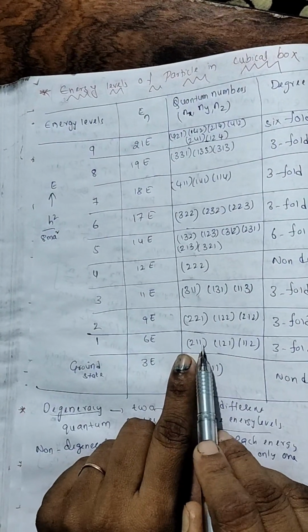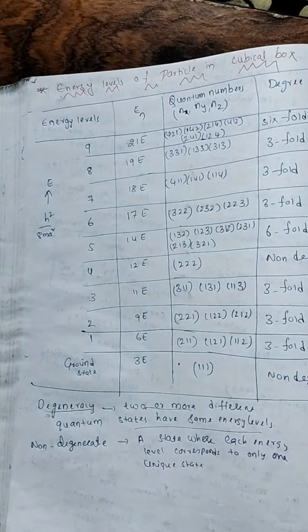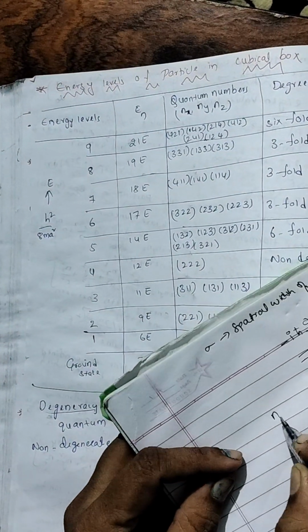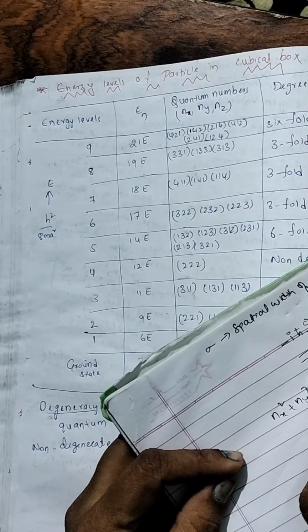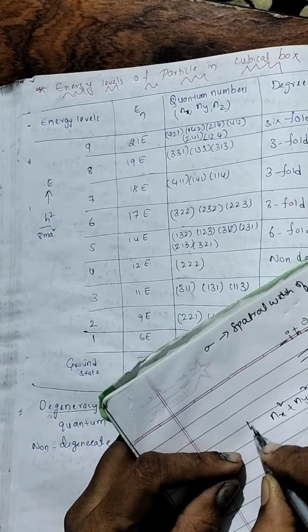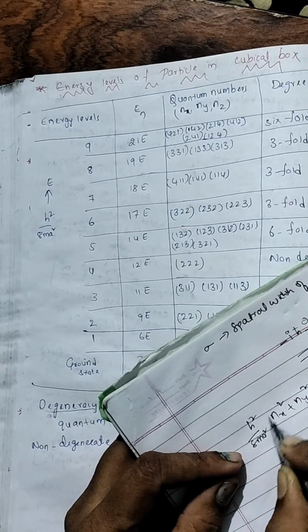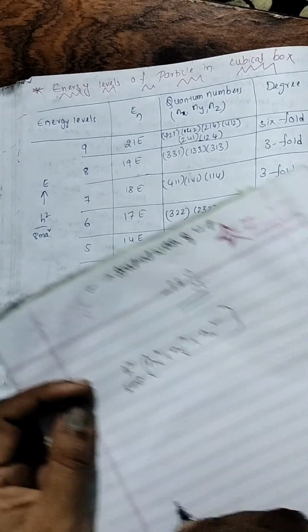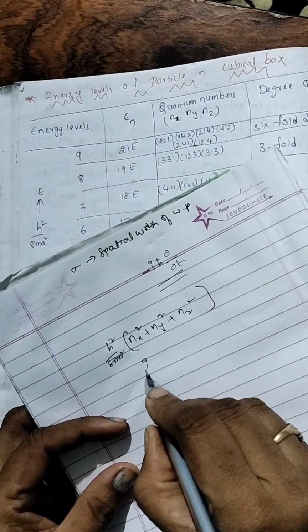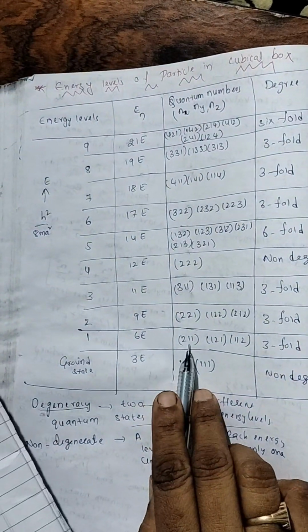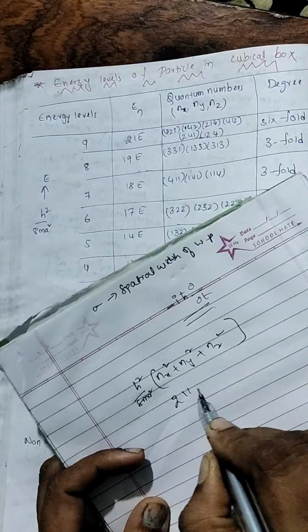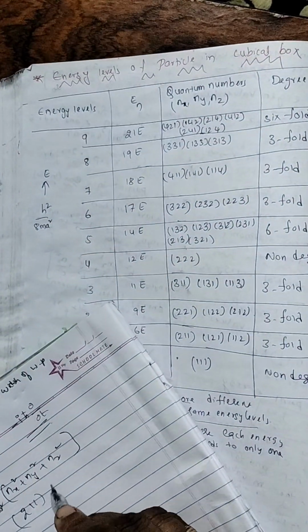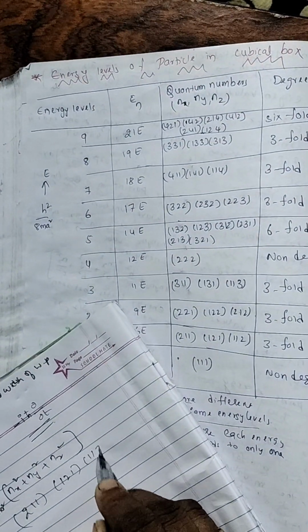For example, let us see here. 2, 1, 1. I'm writing here nx square plus ny square plus nz square. Our formula is this one. Now, what I took is the excited state 1. For you to understand, I'm writing one example.